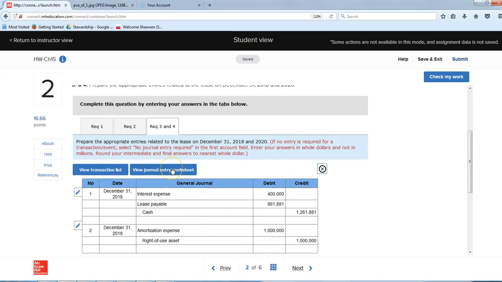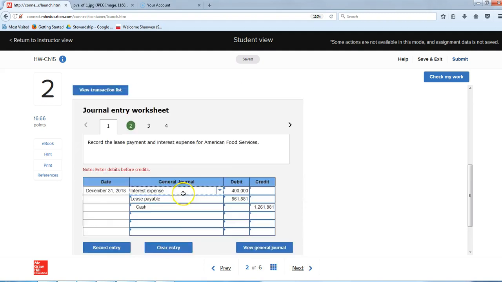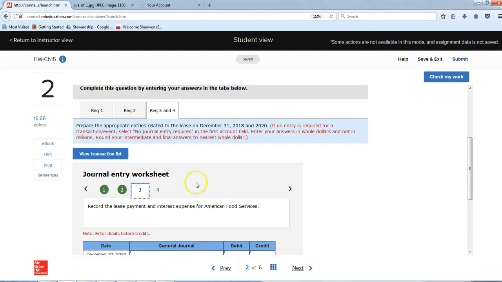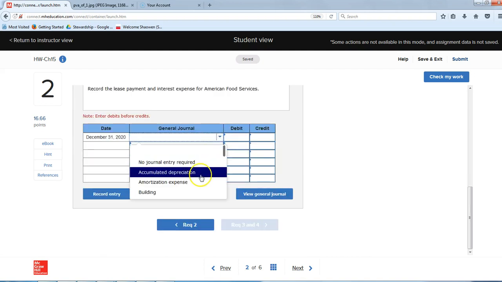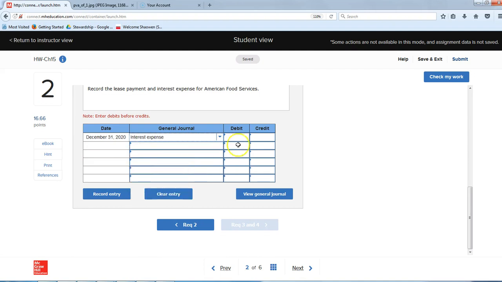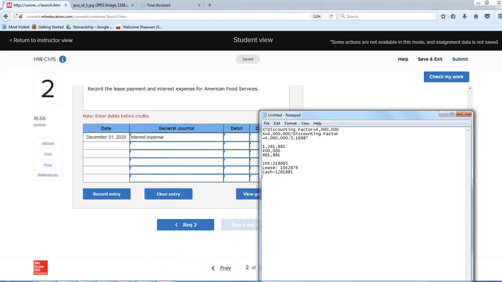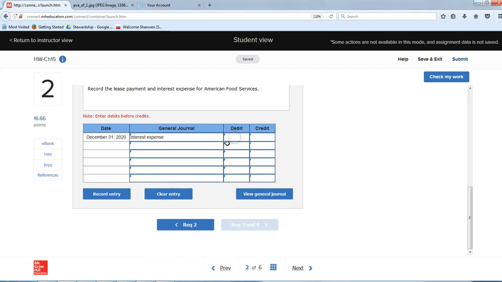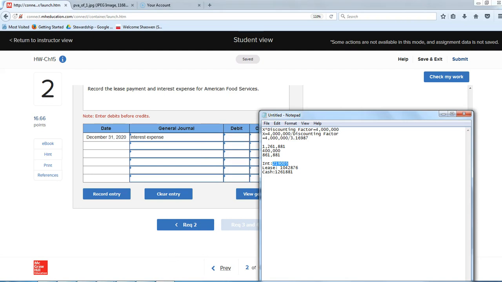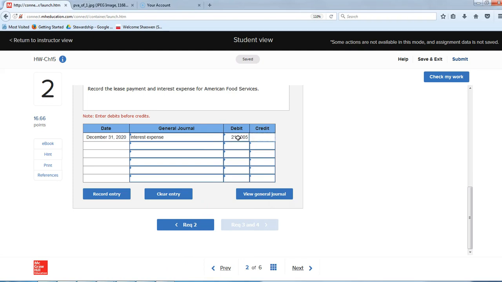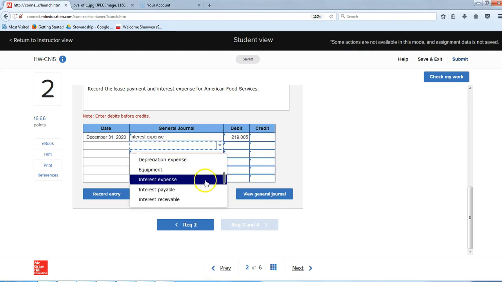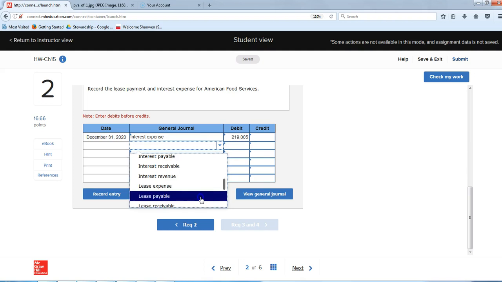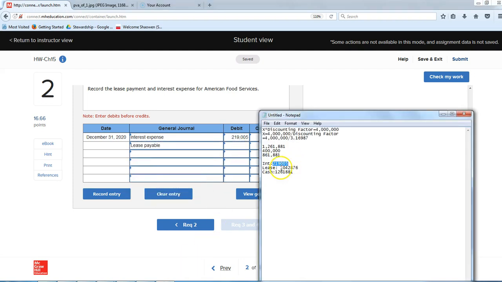Then number 3, interest expense again at 219,005. And then lease payable for 1,042,876.